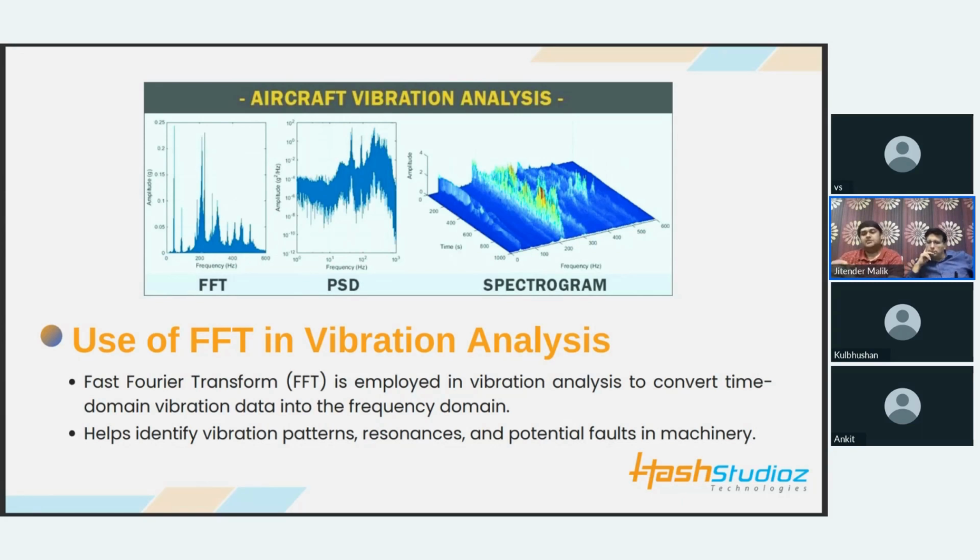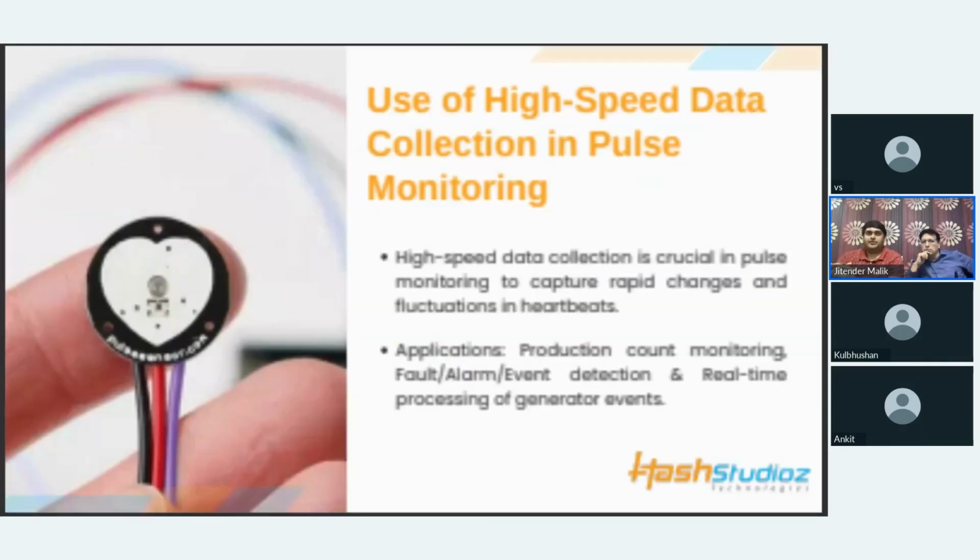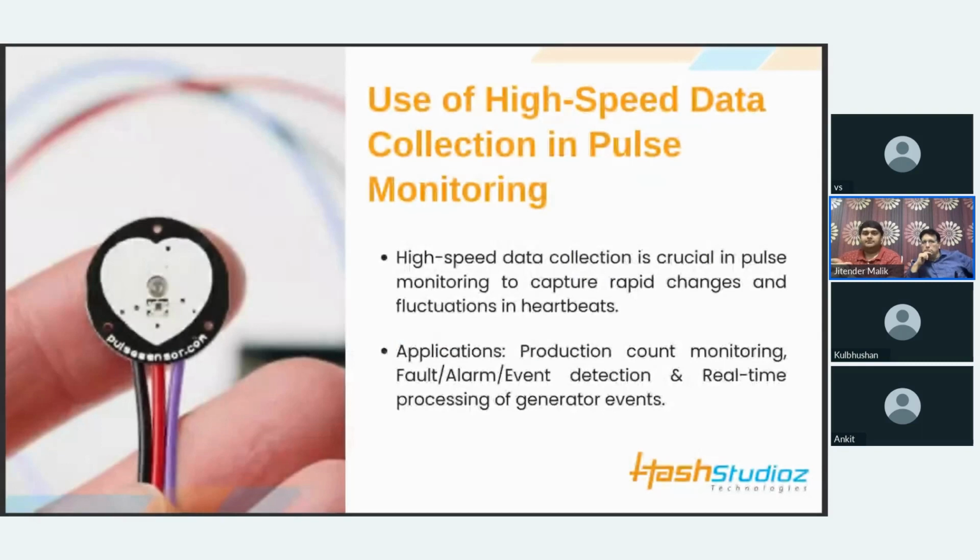We can perform the fast Fourier transform on that device itself, or alternatively transmit the data frame or data samples at whatever the desired frequency is, and that can be a maximum of 14 kilohertz.